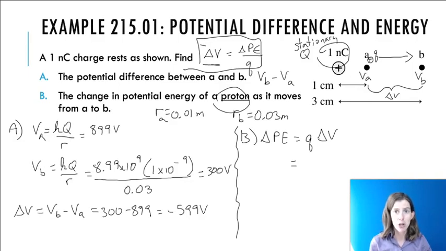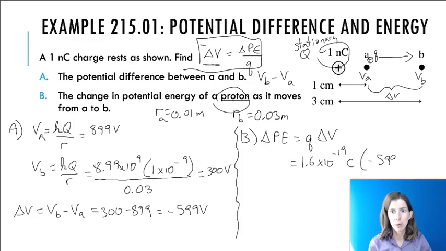A proton has a charge of e, which is 1.6 times 10 to the negative 19 coulombs. And then the potential difference is negative 599 volts. And that's going to give us the energy in joules. The change in potential energy is going to be negative 9.59 times 10 to the negative 17 joules.